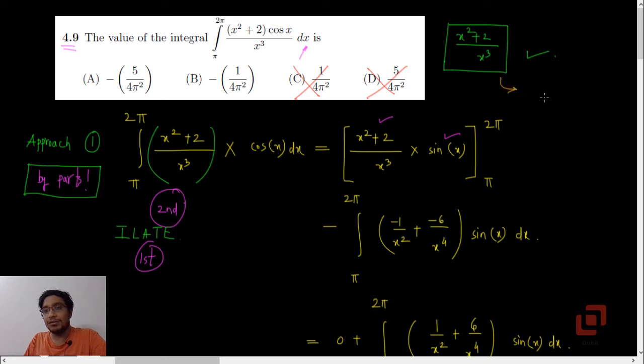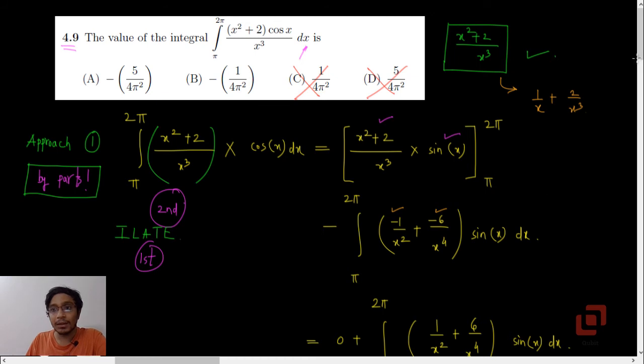Now what I've done is I've split this function. We have x squared plus 2 upon x cube, so x squared by x cube is 1 upon x, and this is 2 upon x cube. So the derivative of 1 upon x is negative 1 upon x squared, and the derivative of 2 upon x cube is minus 6 upon x to the power 4, into the integral of the second function.